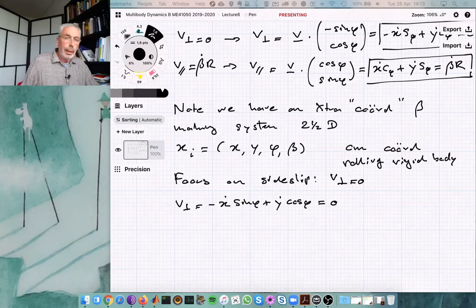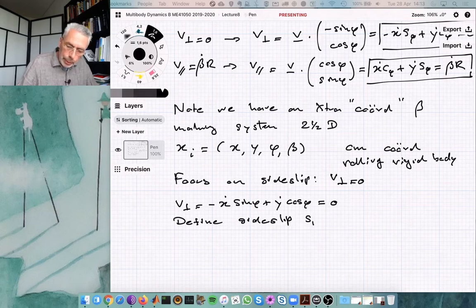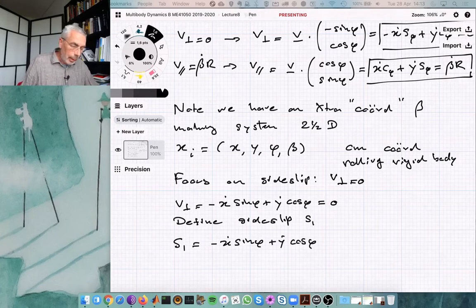Now, like we did with a holonomic constraint, we're going to define a constraint. So we define a thing called side slip S, and I gave it S1 because we also have an S2. We define that side slip S1 as S1 equals, again the same, x dot sine phi plus y dot cosine phi.